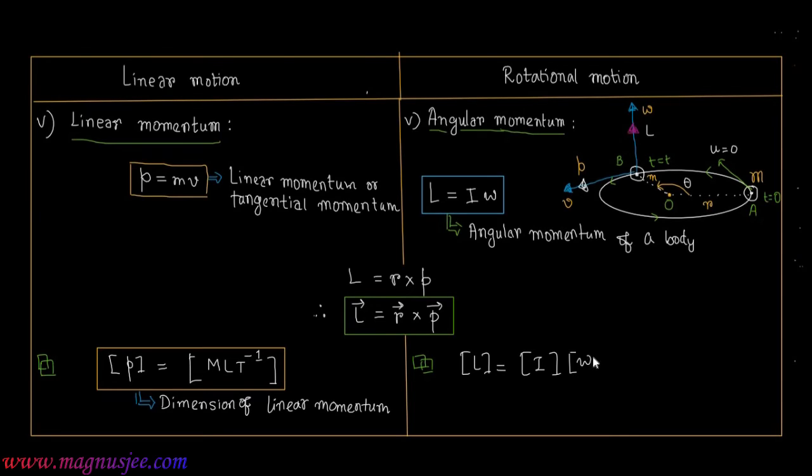Whereas dimension of angular momentum L is equal to dimension of I into dimension of omega, which is equal to M L square into T to the power minus 1.